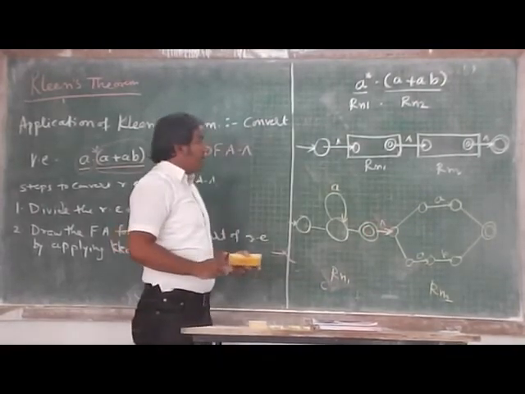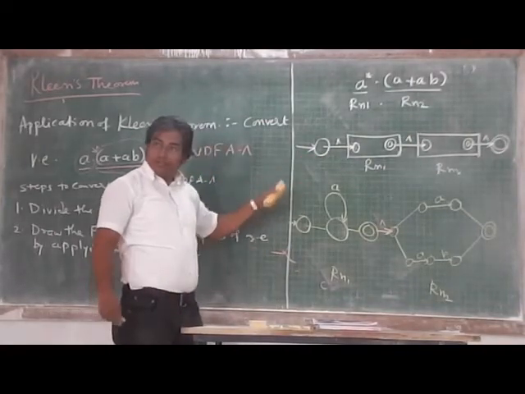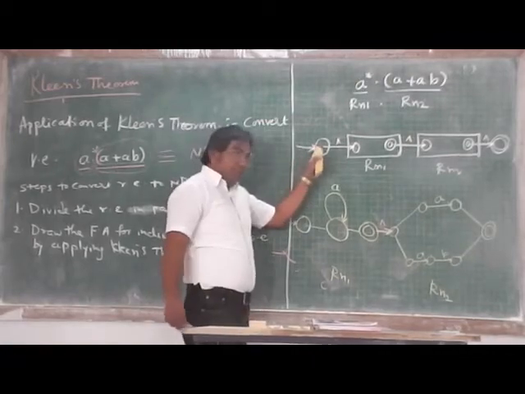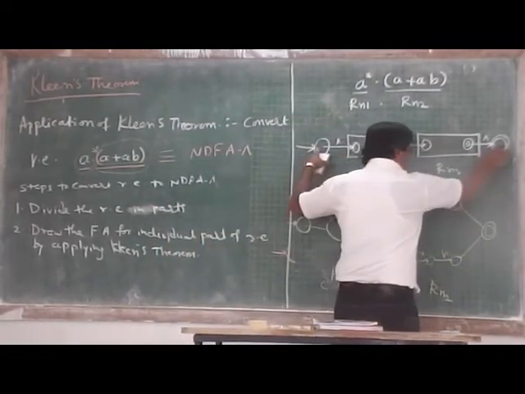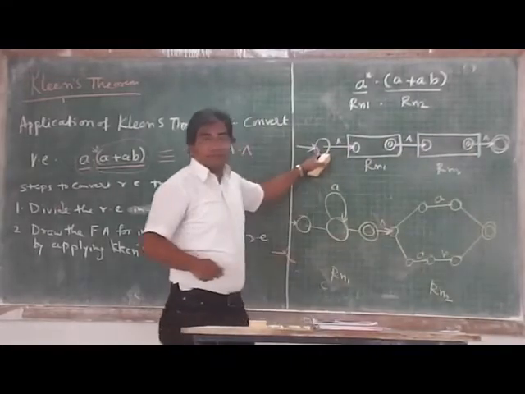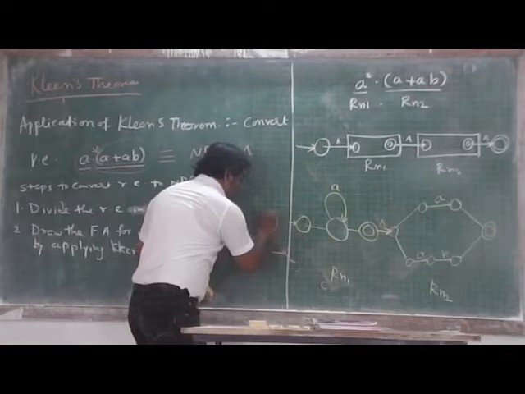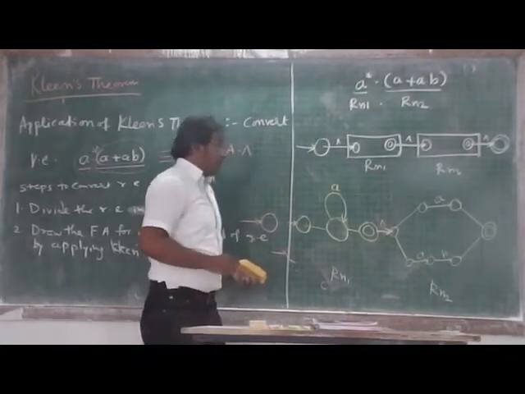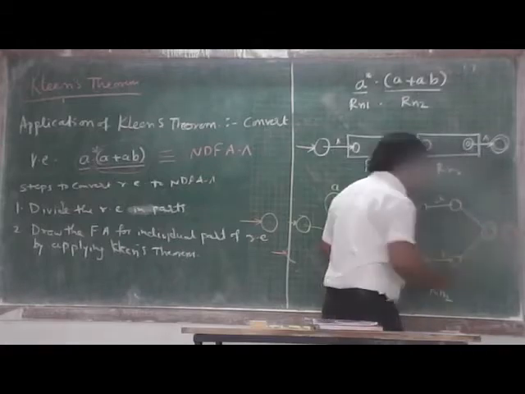Okay? After that, what is said? Introduce a new state, one initial state and one final state. Okay? So I will introduce it. I introduced this initial state. I introduce one final state.